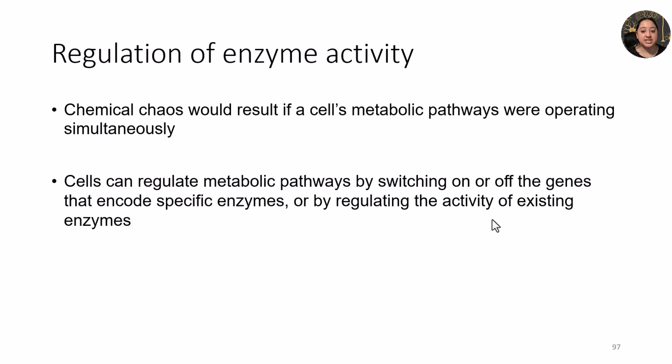Or you can also regulate the activity of the existing workers. Like say there are already workers there, maybe you incentivize them, give them more reason to work better and be more efficient. So yeah, you can either switch on or off the genes that code for certain enzymes or regulate the activity of the existing enzymes.